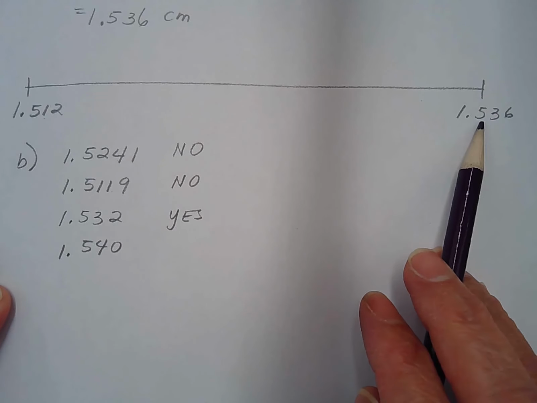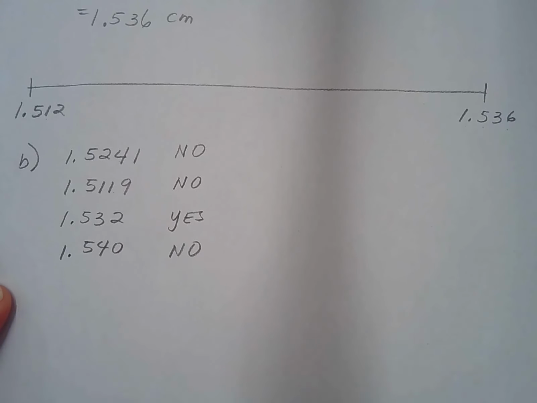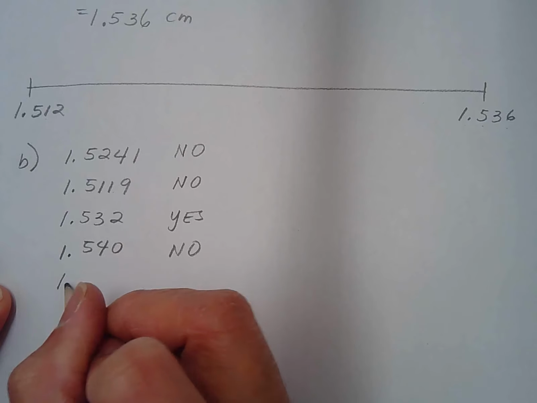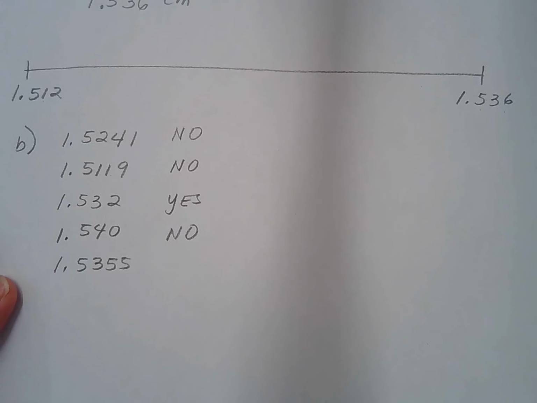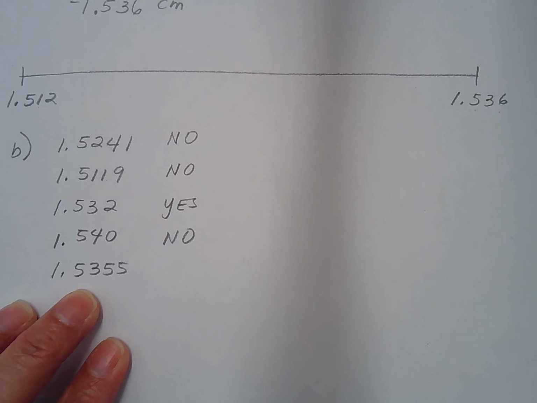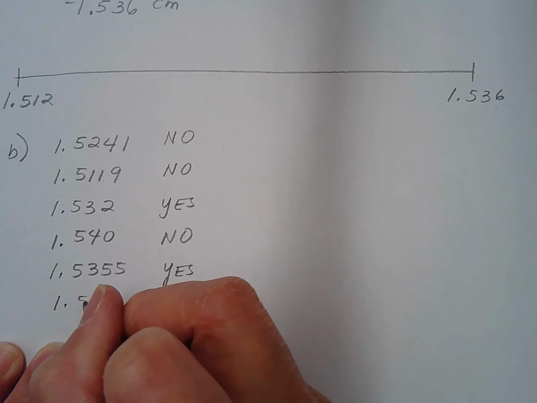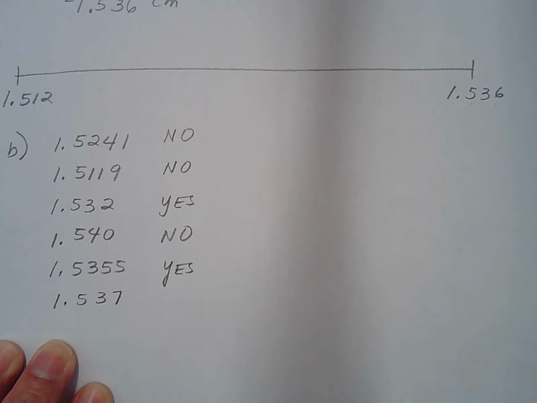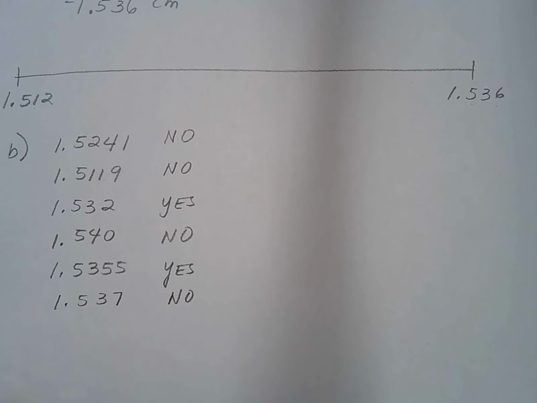It's over 1.536. No. So that's a no. 1.5355. Yeah, so this is a yes. And then 1.537. That one definitely is a no. Okay. So we can see which ones are not going to be accepted and which values are going to be accepted.